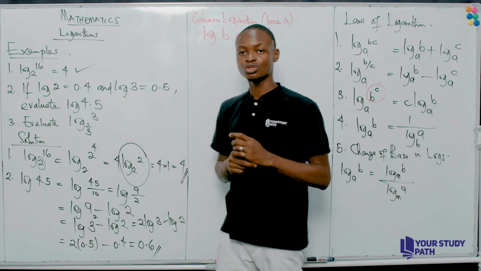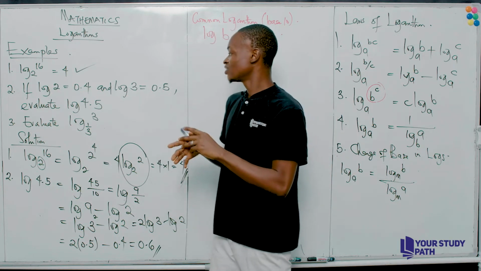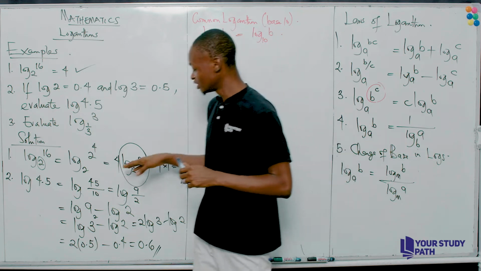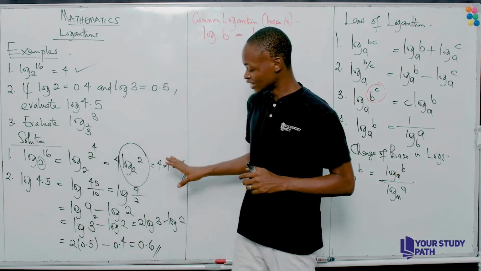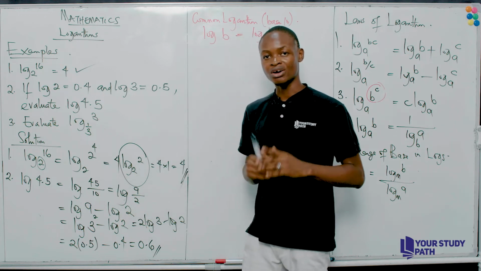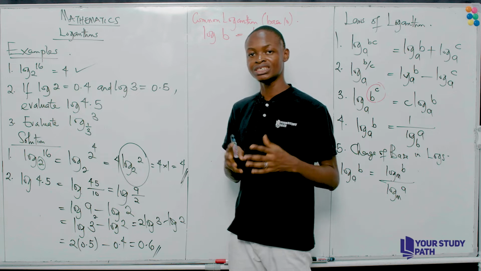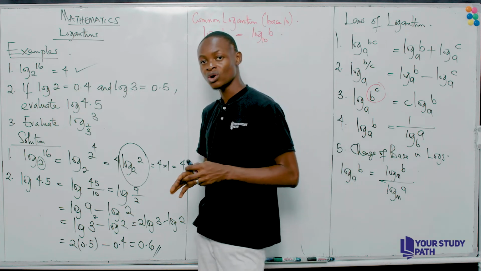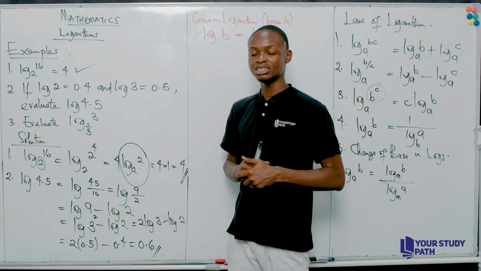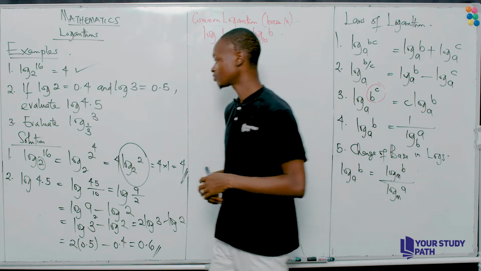Log 3 has to be equal to 0.5. And then, you are now to use these values to evaluate log 4.5. So you are doing this on its own without the use of a calculator. And this is very, very important, considering that JAMB, which is the CBT exam now, will only display a calculator for you on your screen, and you will not be allowed to bring in a scientific calculator or thereabout.